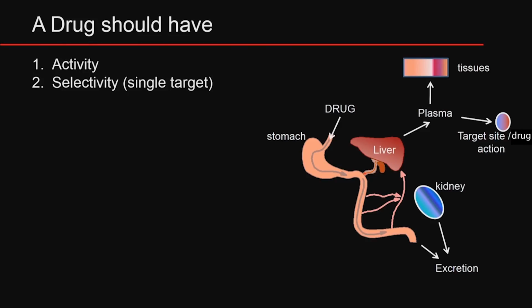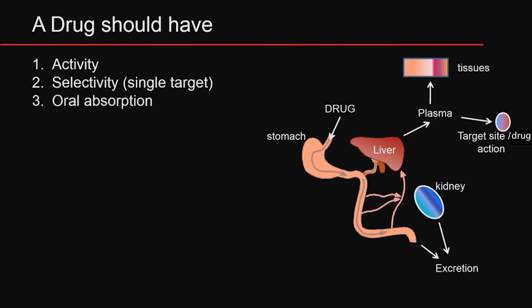We do not want a drug acting on several targets, thereby causing side effects. It should be very specific to one particular target. If it has to kill a particular type of tumor, it should go and attack only that. If it has to block an enzyme in a certain pathway, it should block only that enzyme, not all other enzymes in that pathway.